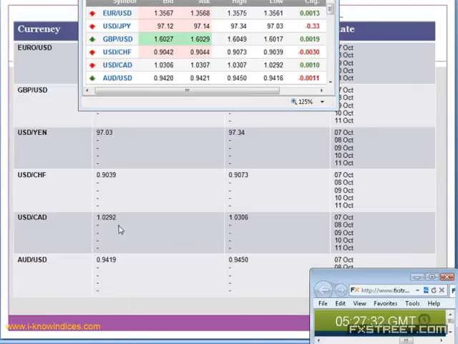Then in the case of the Canadian dollar, 1.029 to 1.0306, such a narrow range. In the case of the Canadian dollar, they just cut the low and high by 1 pip. That is the only variation to come across. In the Australian dollar, 94.16, they formed the new low. 94.19 was the low, and 94.15.